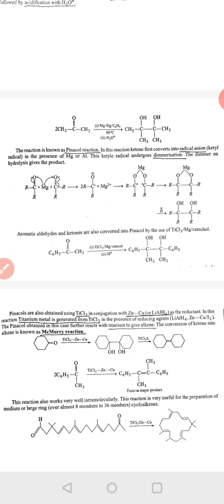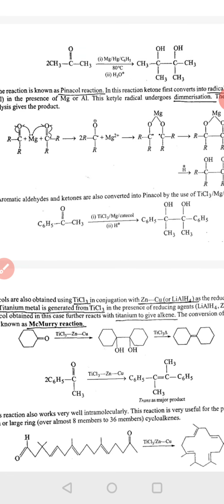So when we try to make pinacol using titanium chloride, zinc copper or lithium aluminum hydride, then the end product we get is alkene instead of pinacol, and this is the McMurry reaction. Let's look at the example.